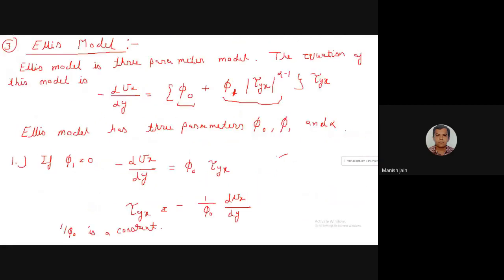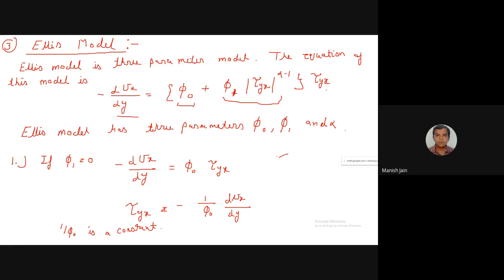In the Ellis model, minus dvx by dy equal to minus phi naught plus phi 1 multiplied by tau yx to the power alpha minus 1, multiplied by tau yx.